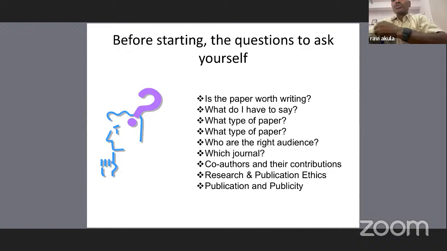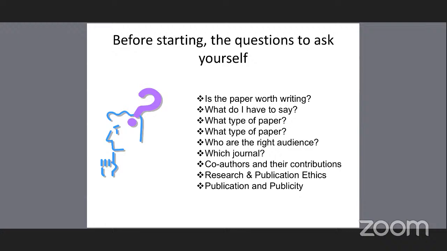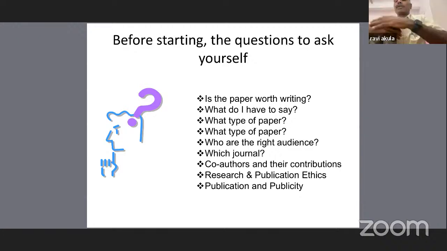One needs to put these questions to themselves: about the paper, the intention, the type of paper, the target audience, the type of journal, the partners in the research work, the ethics to be followed, and the publicity steps after publishing the paper. These are the things we need to answer before writing the paper.